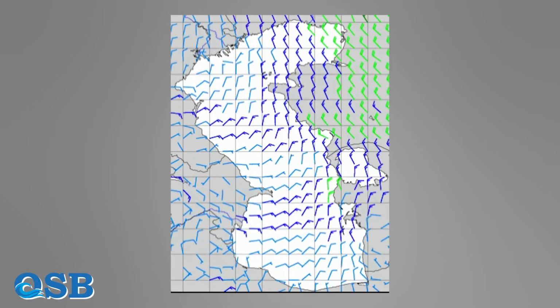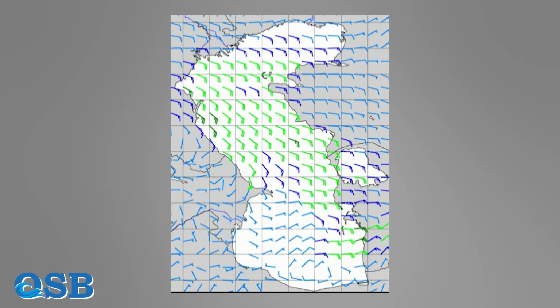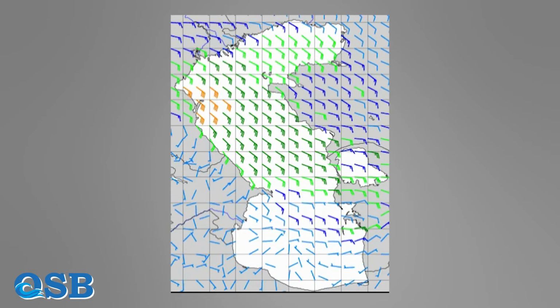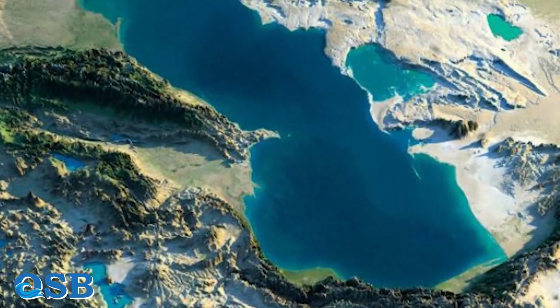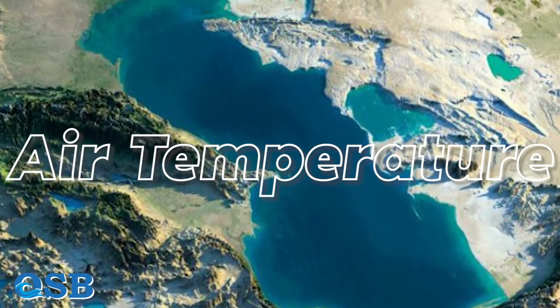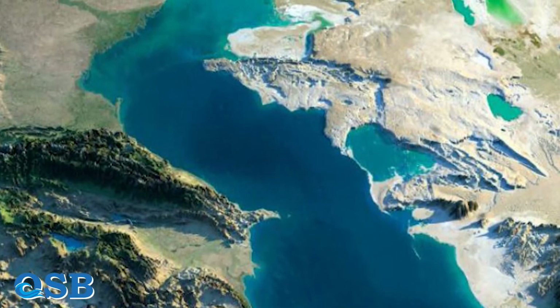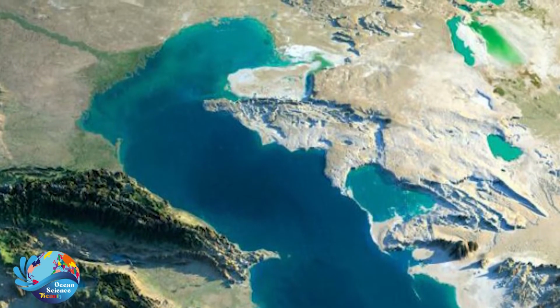Among all parts of the Caspian Sea, the northern part has 30 to 40 days with a speed of more than 15 meters per second. But in the southern part, it would be 20 to 30 days each year. Another important parameter in determining the temperature of Caspian water is the air temperature. To understand this, we must first understand what air system exists over the Caspian Sea, or understand the climate of this sea.